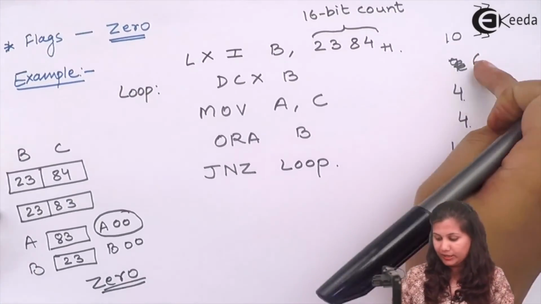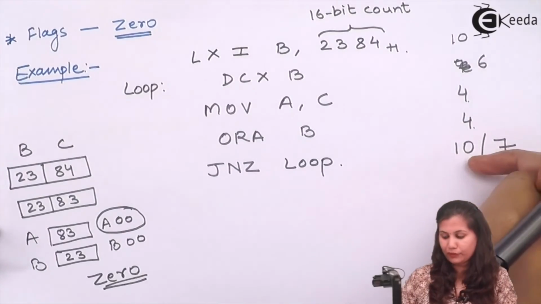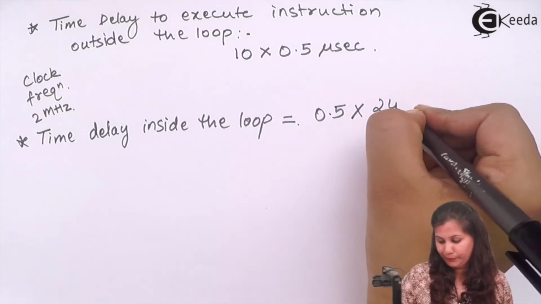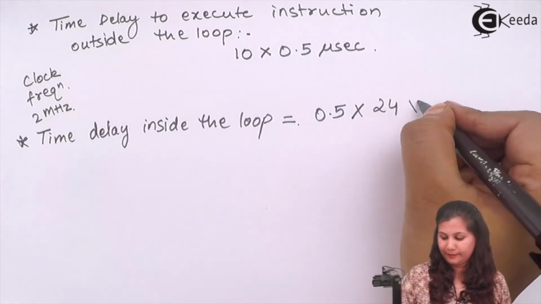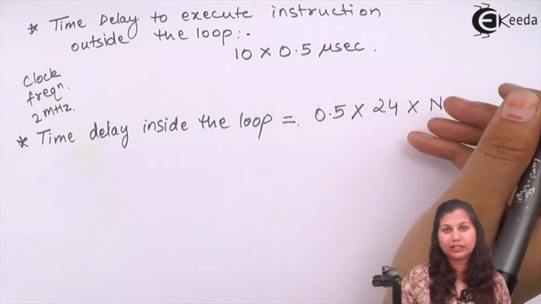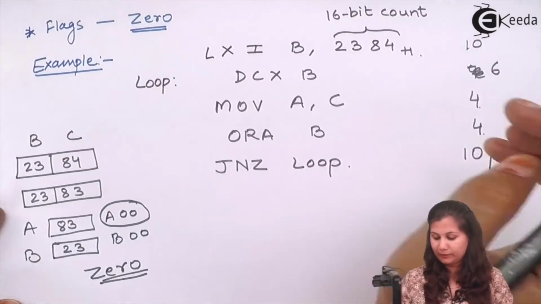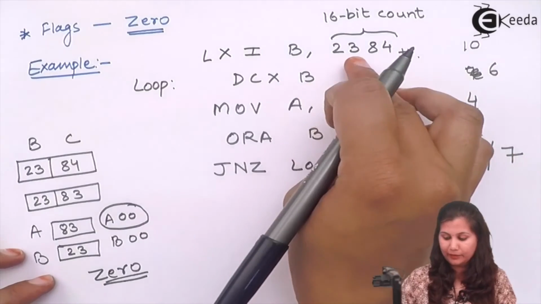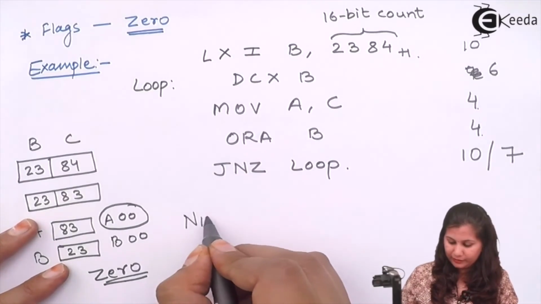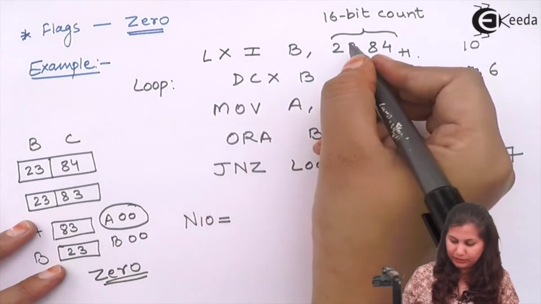The T states are 6 plus 4 plus 4 plus 10, so it is 24 T states, multiplied with N10. That is the decimal equivalent of the hexadecimal number. Here the hexadecimal number is 2384, so we are going to calculate the equivalent decimal number.